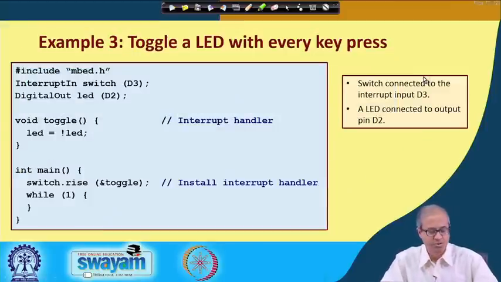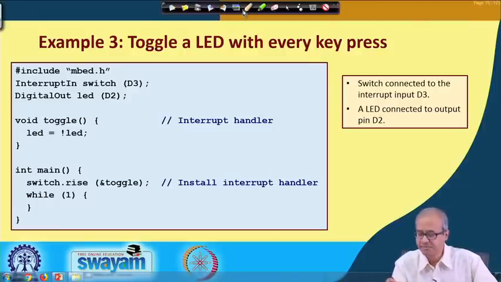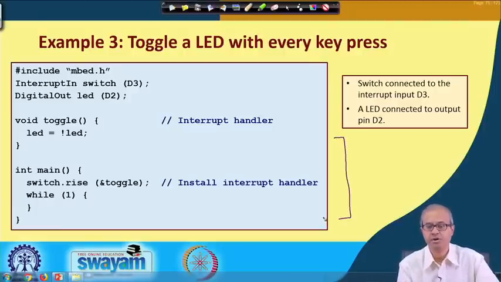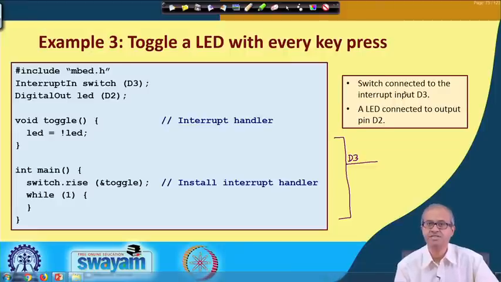Let us show a simple example. On the left I am showing the code of a simple example using interrupts. Suppose this is your microcontroller board. On line D3, let us say I have connected a switch.